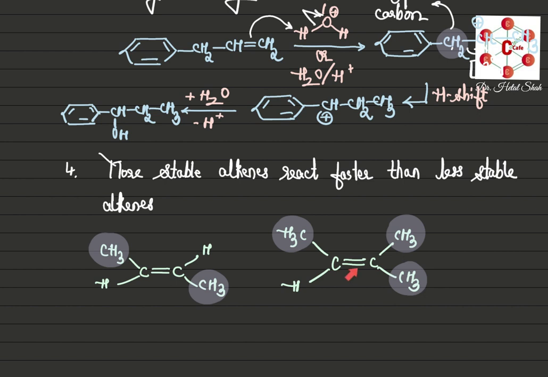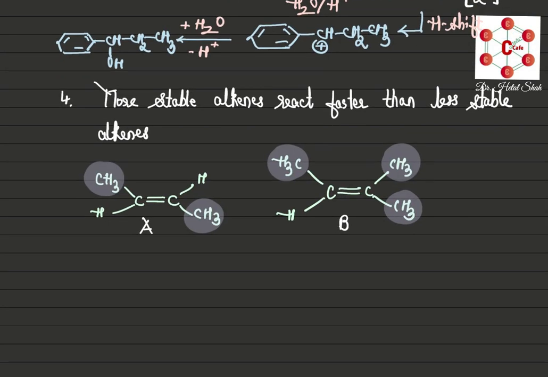In this case, right? So if this is A and this is B, B has how many hyperconjugative structures? 9. A has how many hyperconjugated structures? 6.